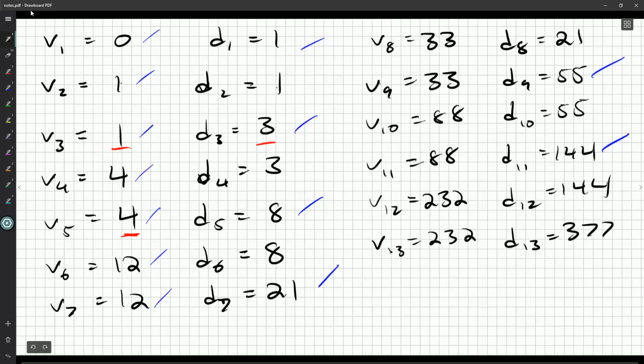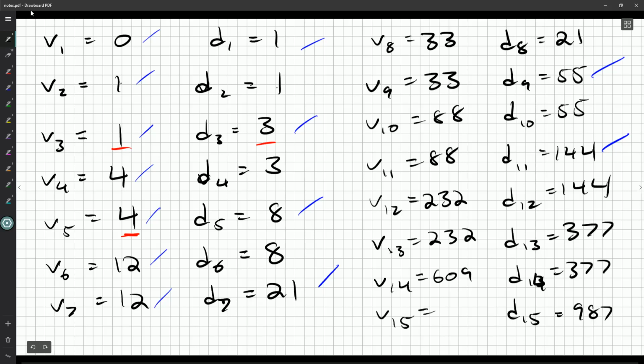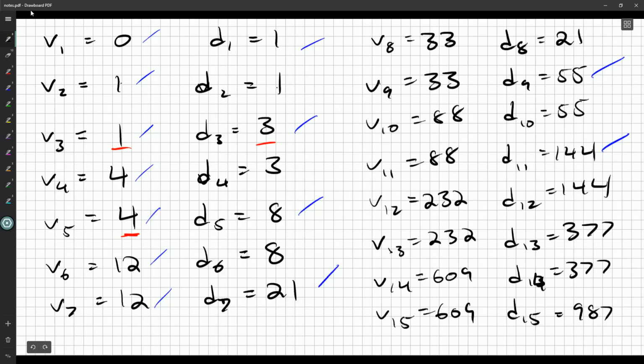Then I add on 232. 609. 609 plus 377 plus 1. Oops, almost forgot that. 987, and I do recognize that. That is still a Fibonacci number, although I don't remember which one it is off the top of my head. But we're starting to venture into territory that I am not as familiar with in terms of Fibonacci numbers.